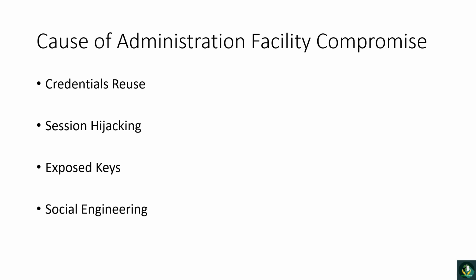Another risk again is exposed keys, and what I would like to do here is give you an example of where this happened. In 2015, a web developer accidentally made a Git repository public.